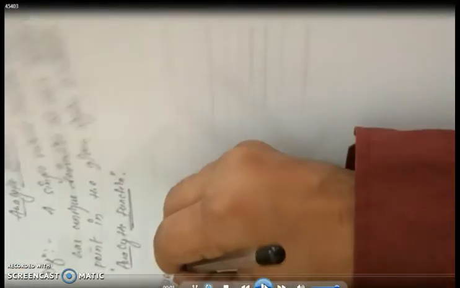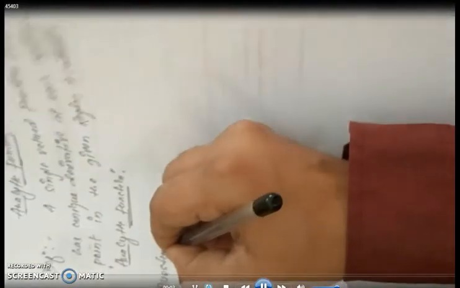So this was the definition of analytic function. Now we are going to understand how we can find the analytic function when we have a real part and we do not have the imaginary part. So let us start with a numerical problem.